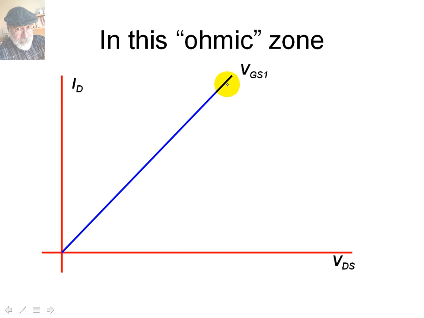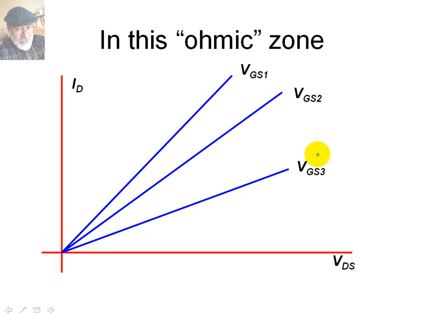But if we make VGS more and more negative, then for the same VDS we get less current. The resistance increases. If we increase the negative value of VGS, eventually we'll get the pinch off voltage, and this line will be completely horizontal, and we are in cutoff mode.